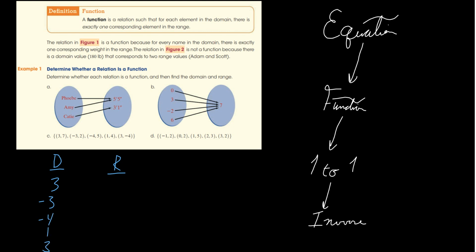And the range that corresponds to that would be 7, 2, 5, 4, and -4. So what this is saying is, 3 goes to 7, -3 goes to 2, -4 goes to 5, 1 goes to 4, and 3 goes to -4.